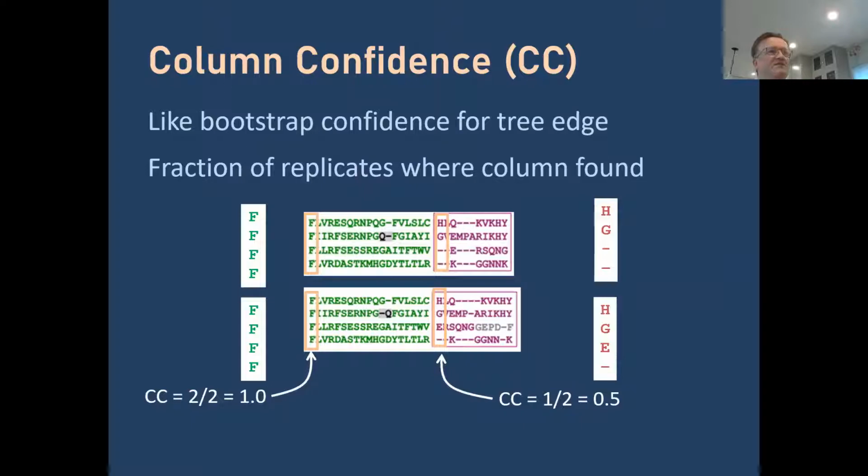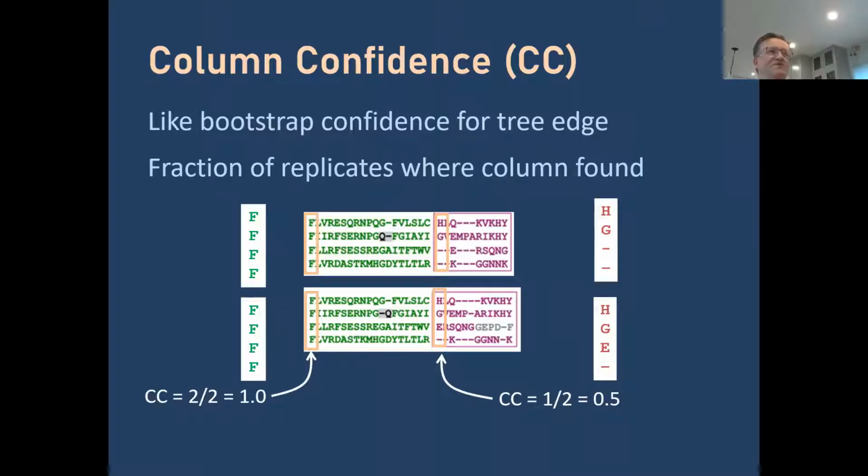One of the nice things you can get out of the ensemble is a confidence measure on a column, which is similar to the bootstrap confidence on a tree edge or a tree bifurcation. And the definition is the same. It's the fraction of replicates where you find that column. You can see here we have a trivial ensemble again with just 2 replicates.